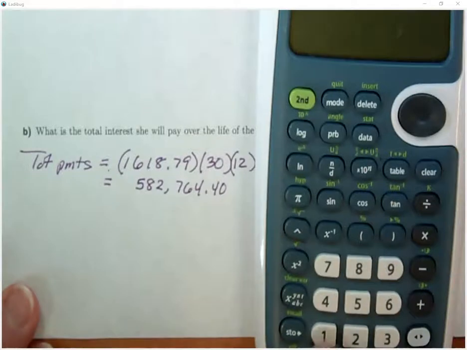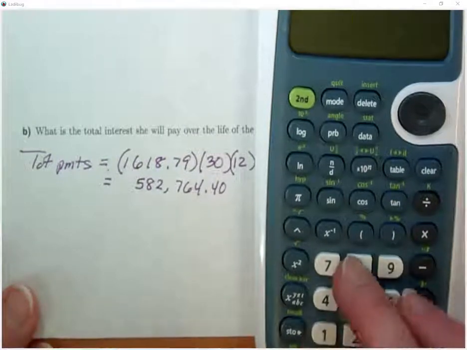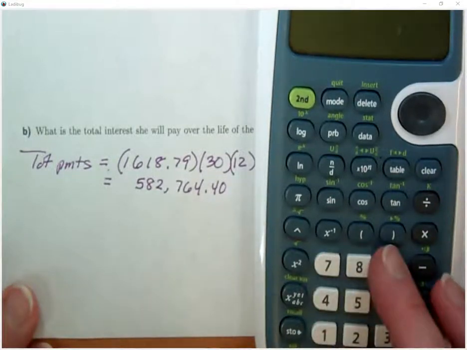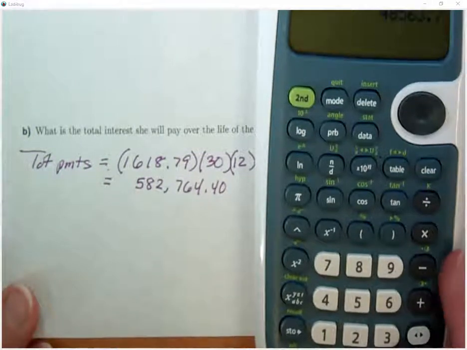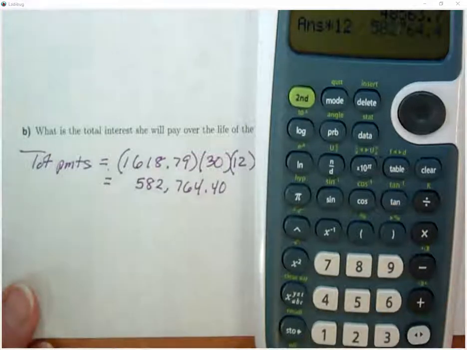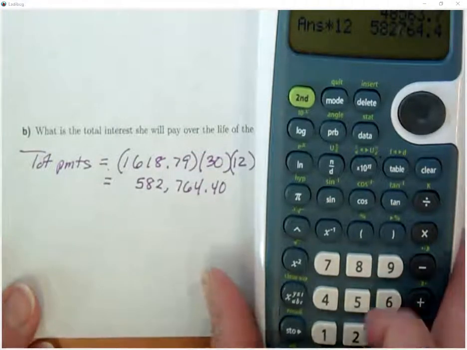Just double check that, just type it right in there. If you wanted to leave that number in there before and use it, that's fine. That's 12. Okay, so we're on the same page there.